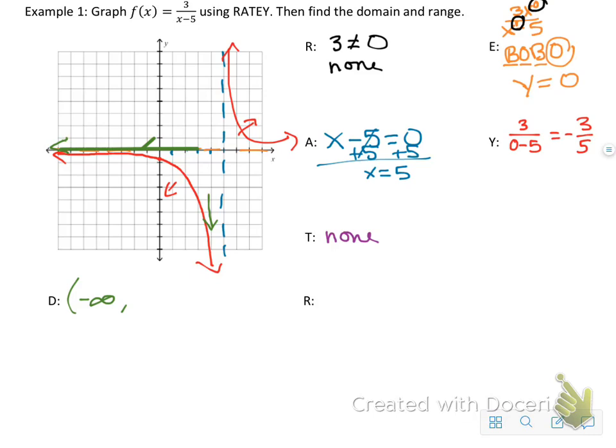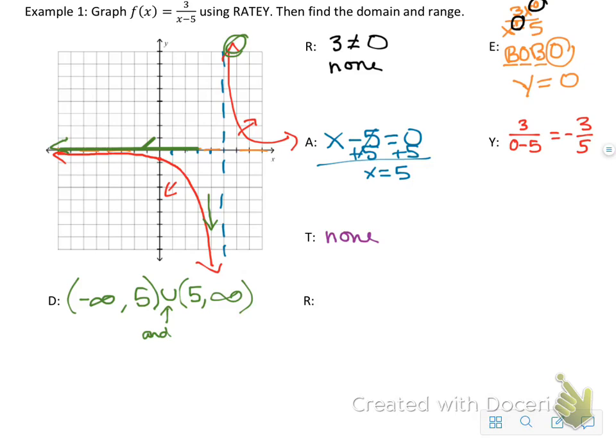Then we're picked back up here. So we will union that, which is just another fancy word for and. It's a symbol for and. At 5, and keep going on forever. So our vertical asymptote determines the domain.